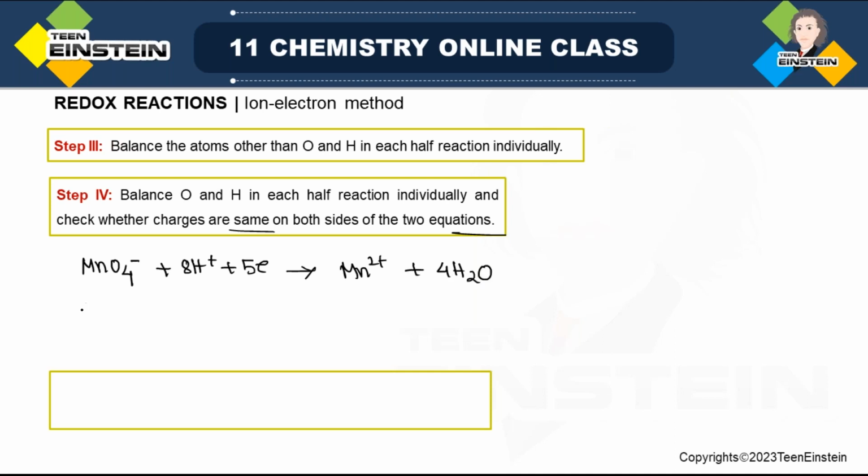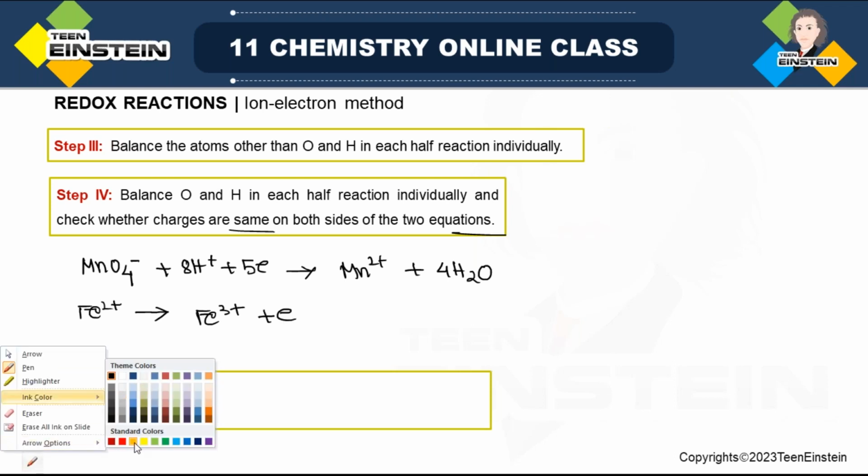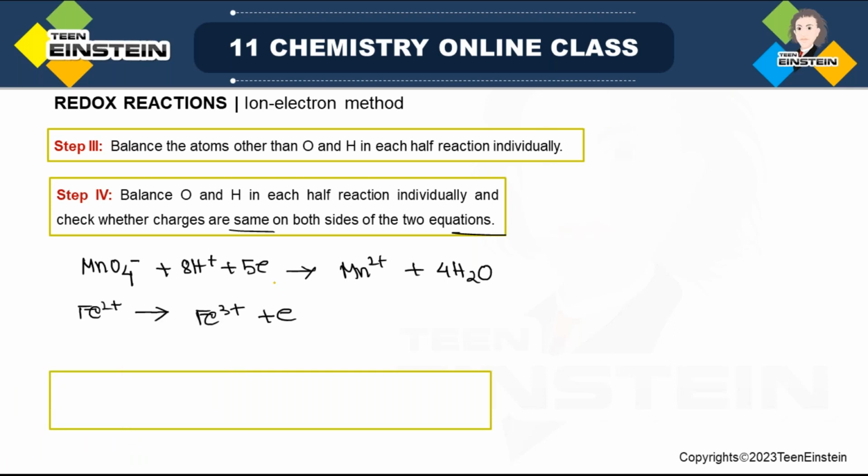And the other reaction is Fe2+ gives Fe3+ + 1 electron. Now if you look at this reaction carefully, next thing you have to do is make the electron number the same, so that when you add these two equations, electrons will be cancelled.